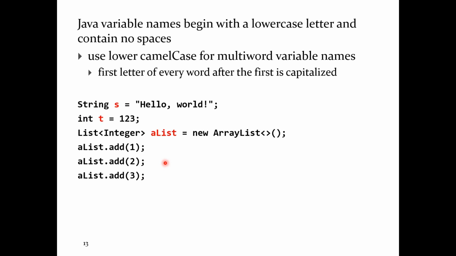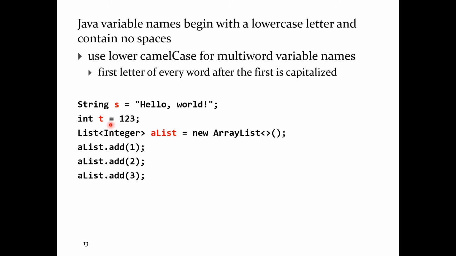When you create variables in Java, you should name them following the convention described here. A Java variable name should always begin with a lowercase letter, and it should contain no spaces. There are exceptions to the rule. If you're making constants, then the rule is different, but again, I'll show you that next week.